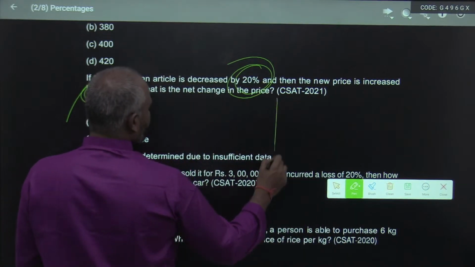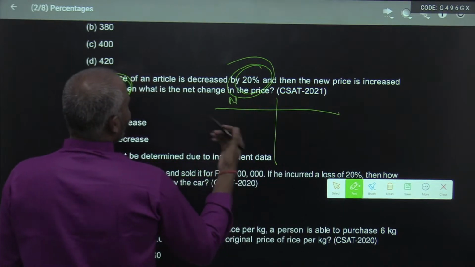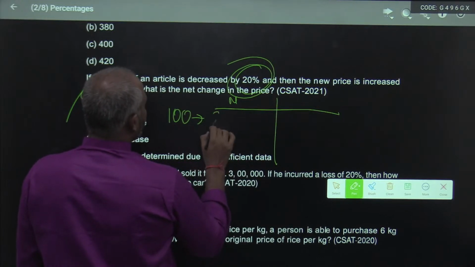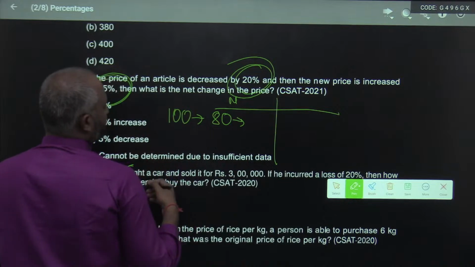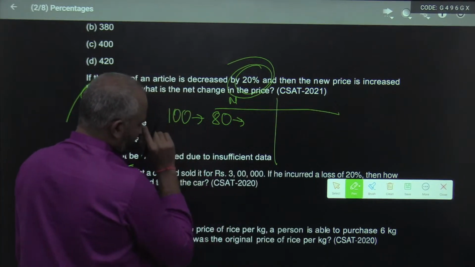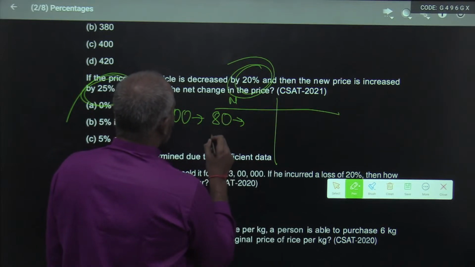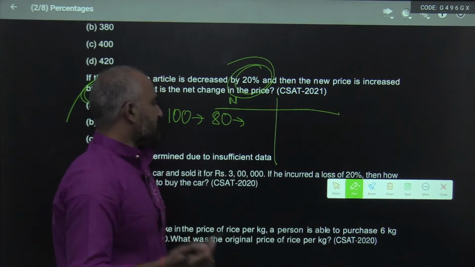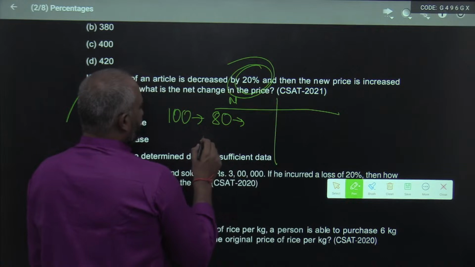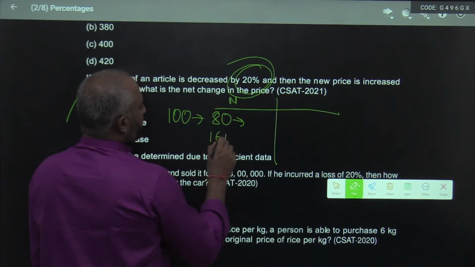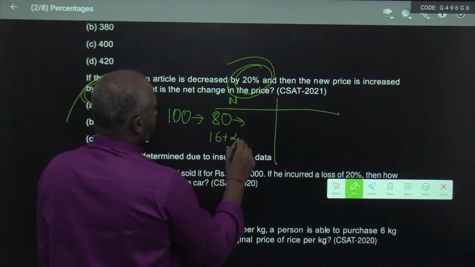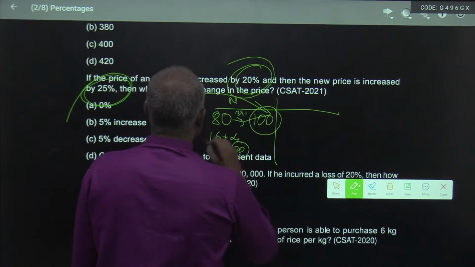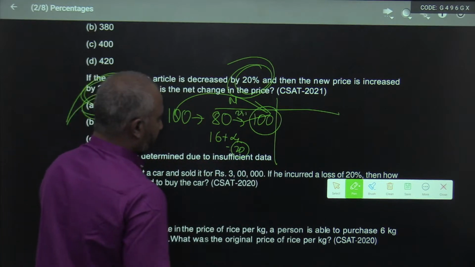The normal way would be to just assume a value. Assume the price of the article is 100. It decreases by 20%, so it becomes 80, and the new price is increased by 25%. 25% is 2 into 10% plus 5%. What is 10%? 8. So 2 into 10% is 16, plus 5% is 4, which is 20. So the 25% increase is an addition of 20. It becomes 100. So 100 has become 100, so the change is 0. This is the normal way.